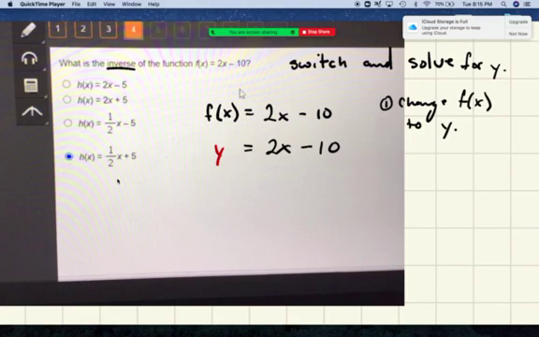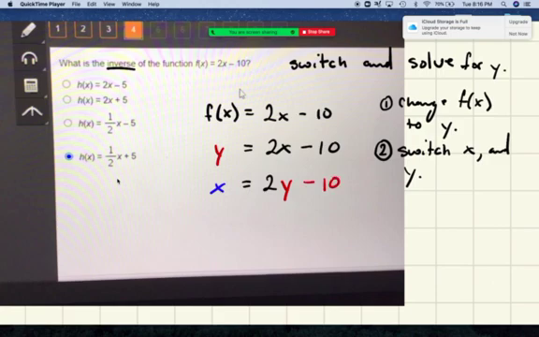This is the steps to find an inverse. Then the second step is to switch x and y. So I'm going to write x equals 2y minus 10. Just like pick them up and switch them.